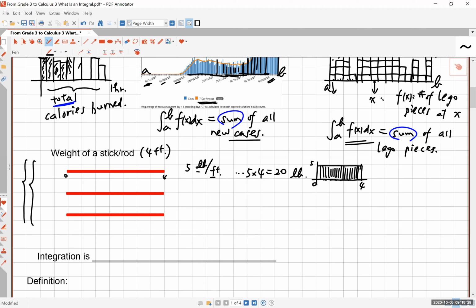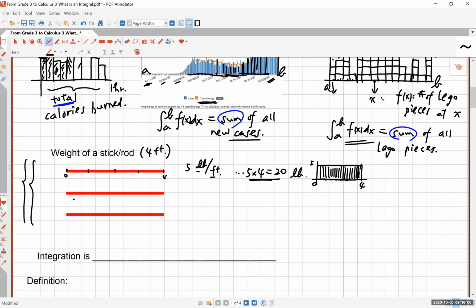And if you integrate, which you don't because you just multiply, I mean, you only have a finite length, right? It's 4 feet. And so 5 plus 5 plus 5 plus 5, you can divide this into foot-long pieces, and you have 4 of them. And so that would be 5 times 4, right?